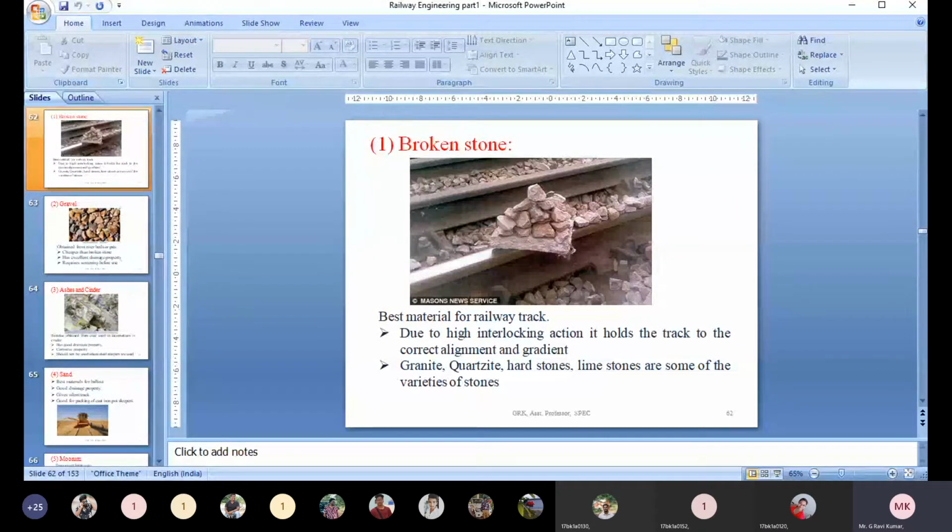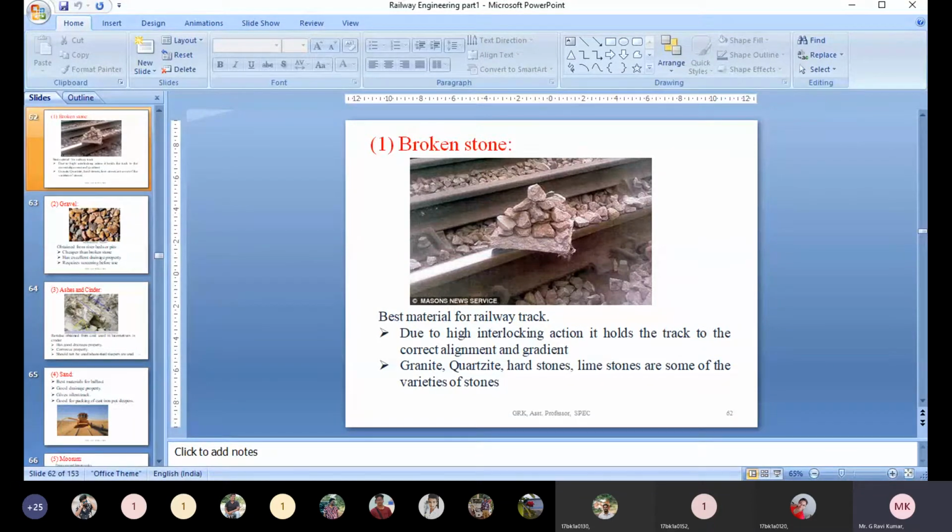If we compact such irregularly shaped broken stones, the surface bonding between adjacent broken stones or adjacent aggregates will be very high. Understand? That is nothing but high interlocking bonding. Due to high interlocking action, it holds the track to the correct alignment and gradient.